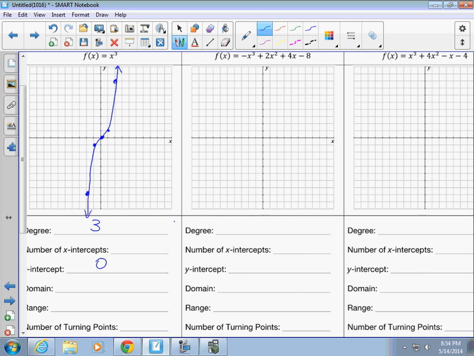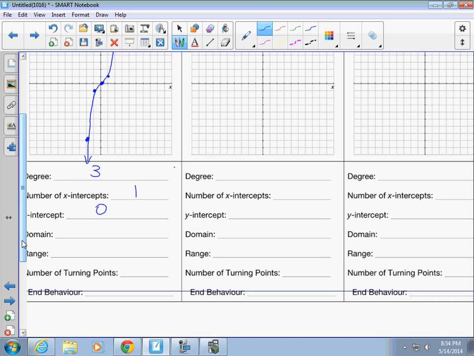So number of x-intercepts was 1. Your domain, I can use any x value that I want. My range, again, I can go all the way up and all the way down, so it's going to be all real numbers.